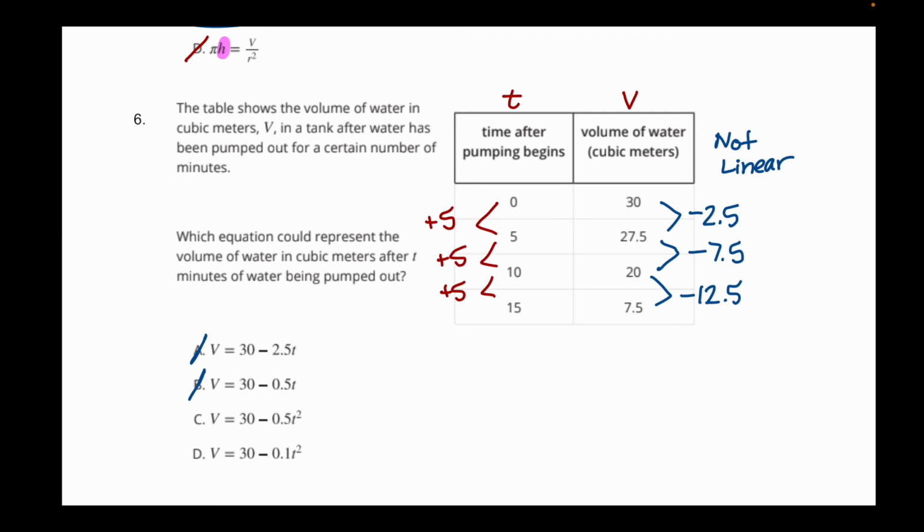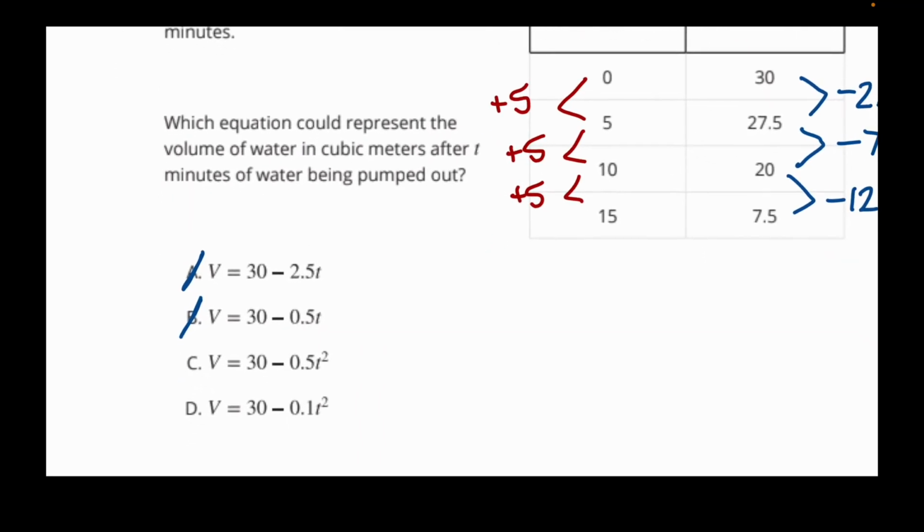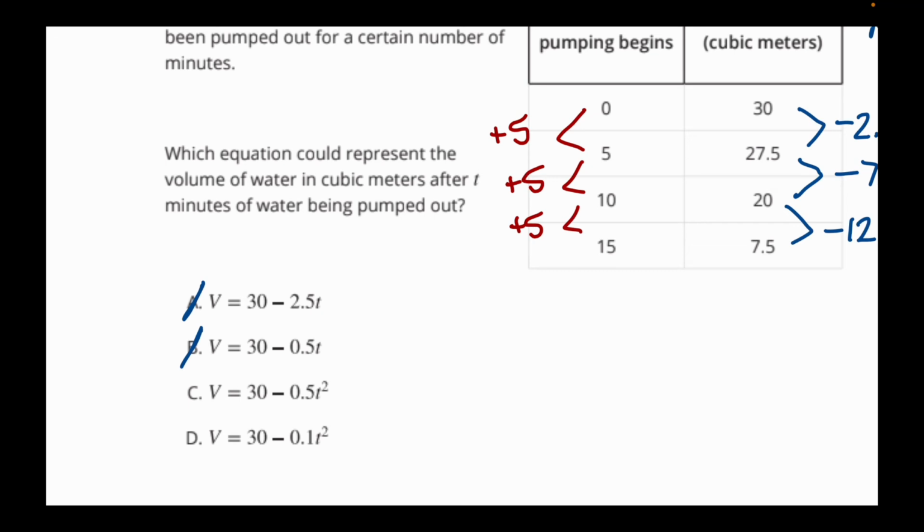So we can plug some numbers in here. If we plug in 0 and 30, 0 and 30 is going to work for every single pair, but it's not necessarily going to work for some of our other numbers here, like maybe 10 and 20. So let's plug in 10 and 20 here.